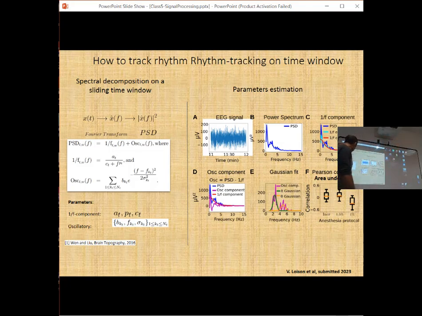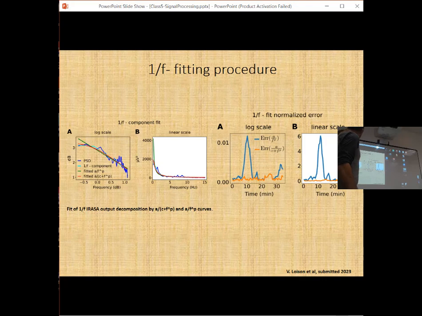Alright, so this is the implementation of this procedure, this algorithm. Signal, PSD, you have the 1 over f, you remove the 1 over f, and you get these 2 Gaussians to fit this. Okay, let's ignore this point here. Alright, so this is just to repeat the procedure.